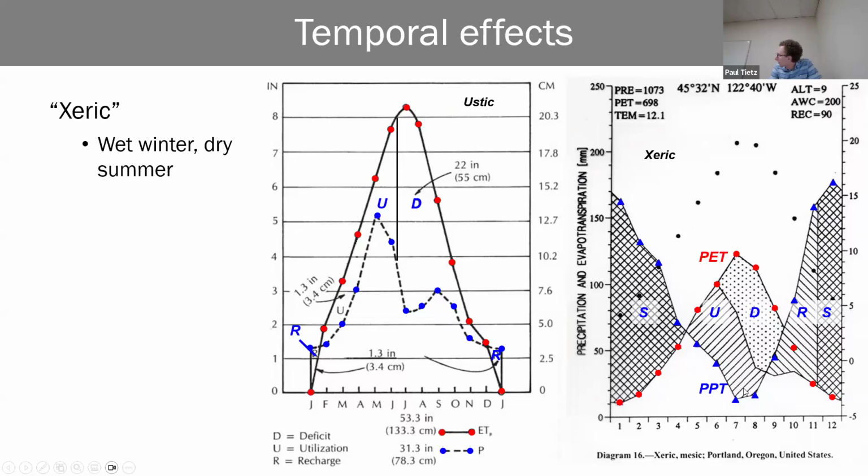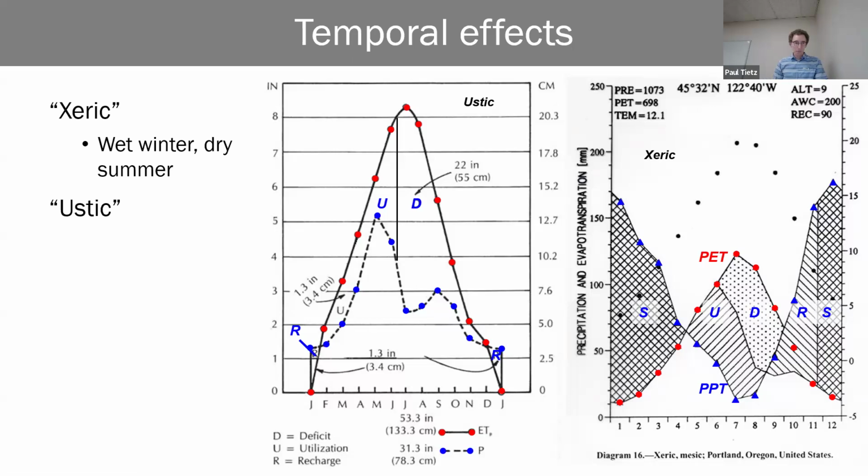These blue triangles are down low here, much higher in January, November, December. And this kind of works as an inverse to the potential evapotranspiration, the red symbols here. When the plant uptake or the demand for water is the highest, we receive the lowest amount in precipitation. This is kind of the opposite of the ustic soil moisture regime.